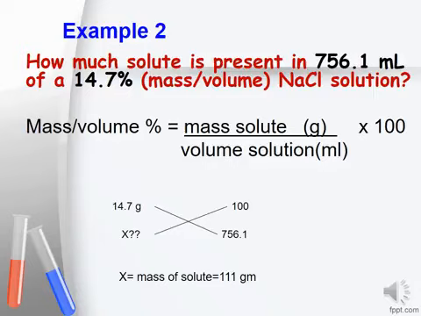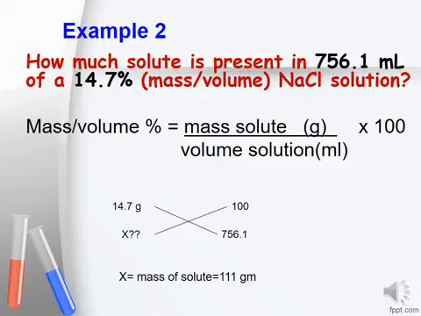The equation we are going to solve with is W per V, or mass per volume percent, equals the mass of solute in gram divided by volume of solution, multiplying by 100. The mass per volume will be replaced by 14.7, the mass of solute in gram is unknown and will be expressed as X or question mark, and the volume of solution is 756.1.